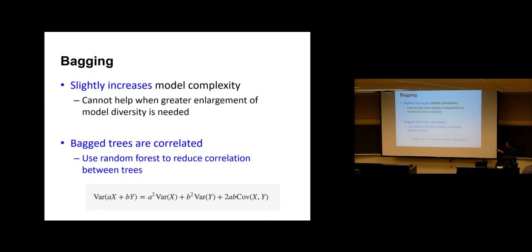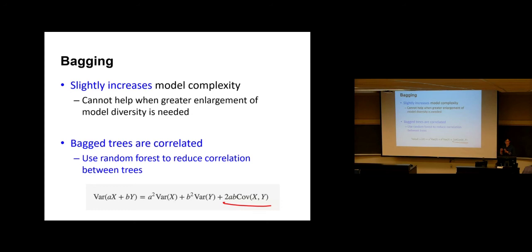And because bagging trees are so correlated, people came up with a strategy called random forest. The whole idea of a random forest is to reduce the correlation among trees, which means trying to reduce this item in the variance calculation, since in the end it's not a straightforward summation.